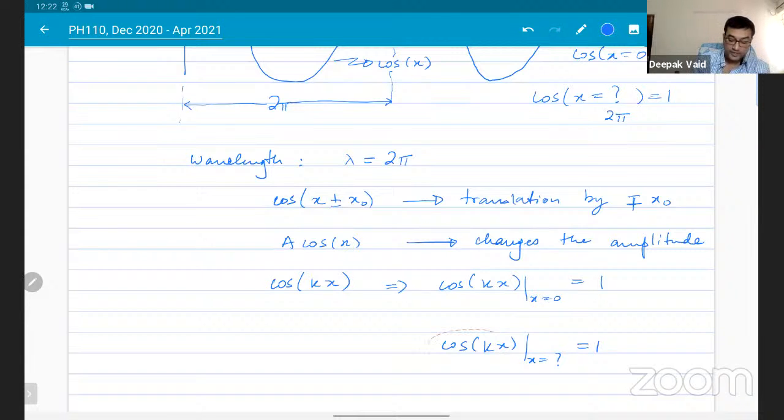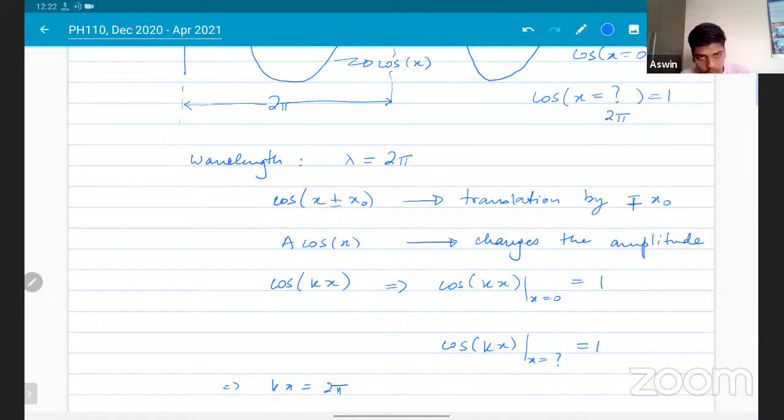So if cosine of kx is equal to 1, this means that kx has to be equal to 0 plus 2n pi, or 2n pi, where n belongs to Z, the integers.